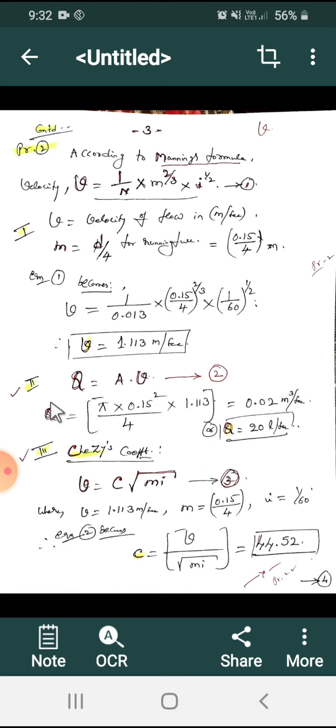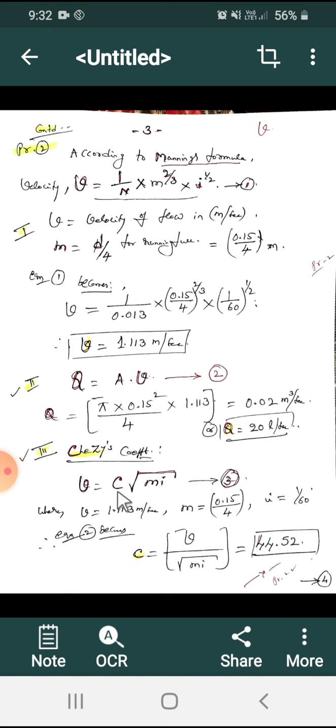Now the third case is Chezy's coefficient. Already we know how to determine the diameter, velocity and discharge. For Chezy's coefficient, V is equal to C root MI. This equation we already know. How to determine the C value?